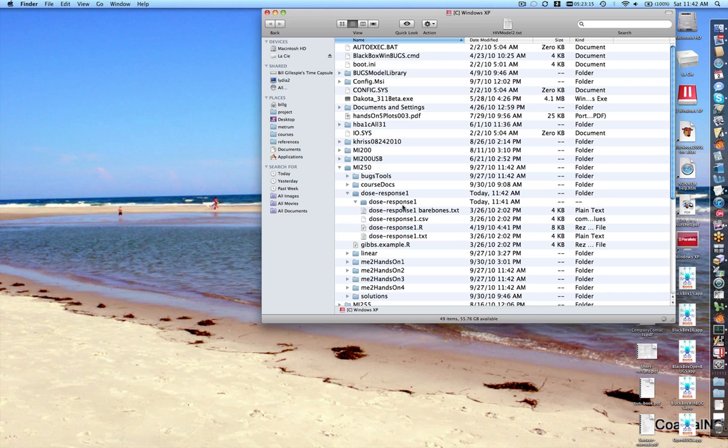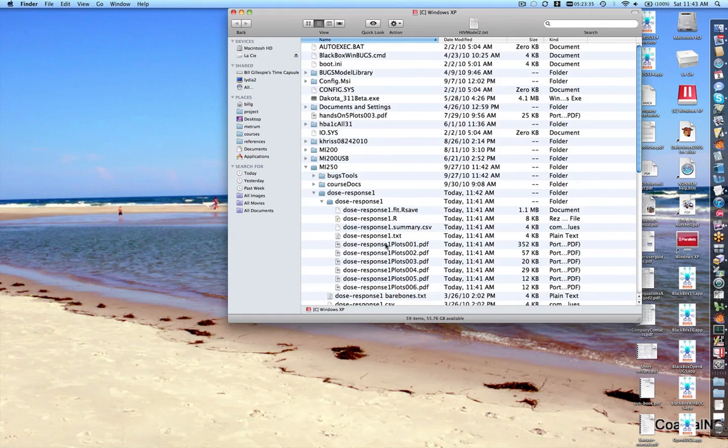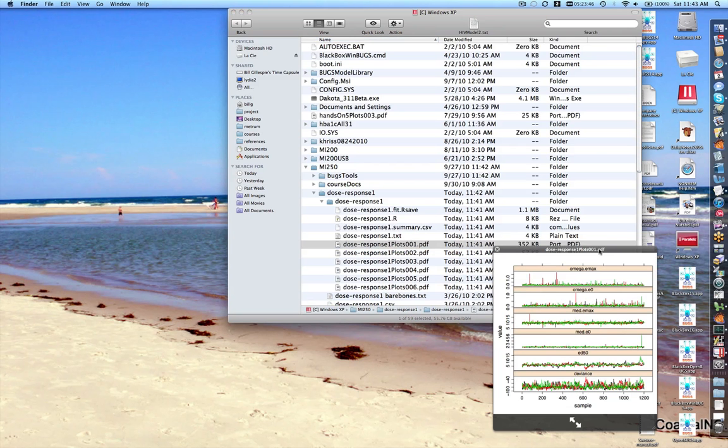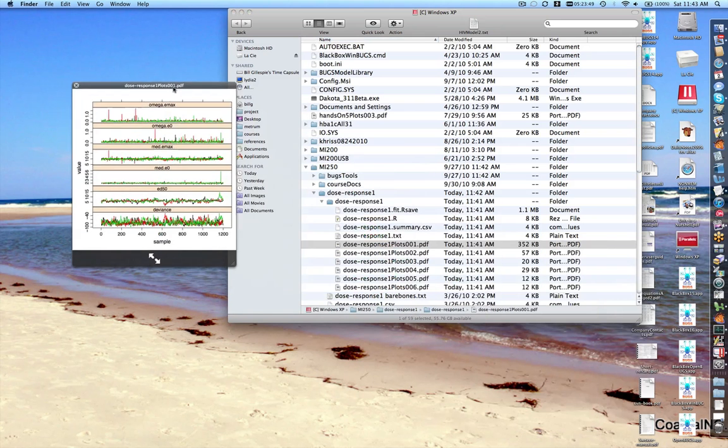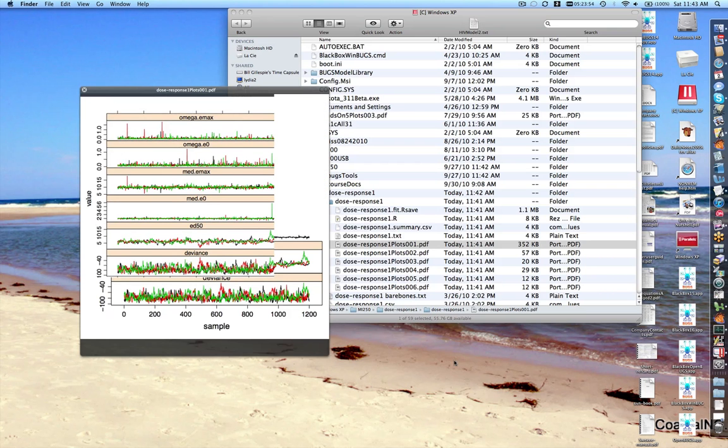There we go. Come on, show me what's in there. There we go. Okay, so we've got some results here. Let's take a look. Start with our diagnostic plots. Get that big enough for you to see what's going on.